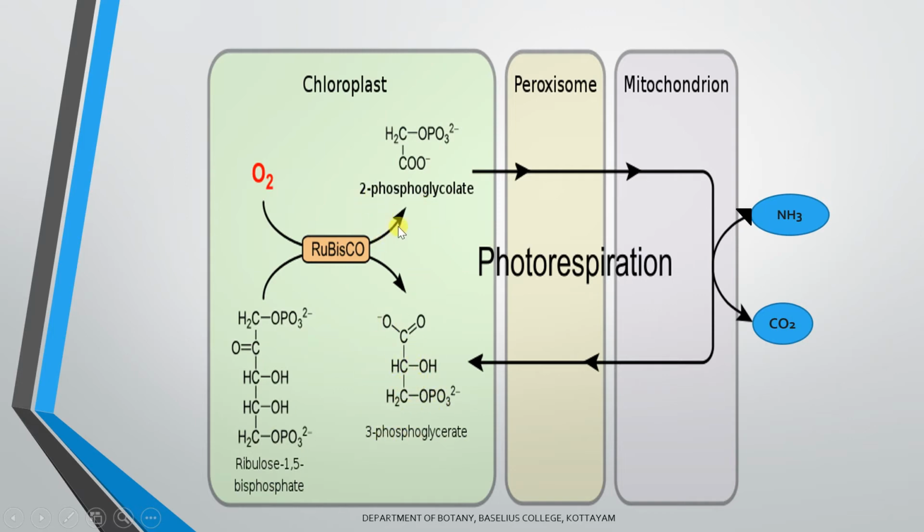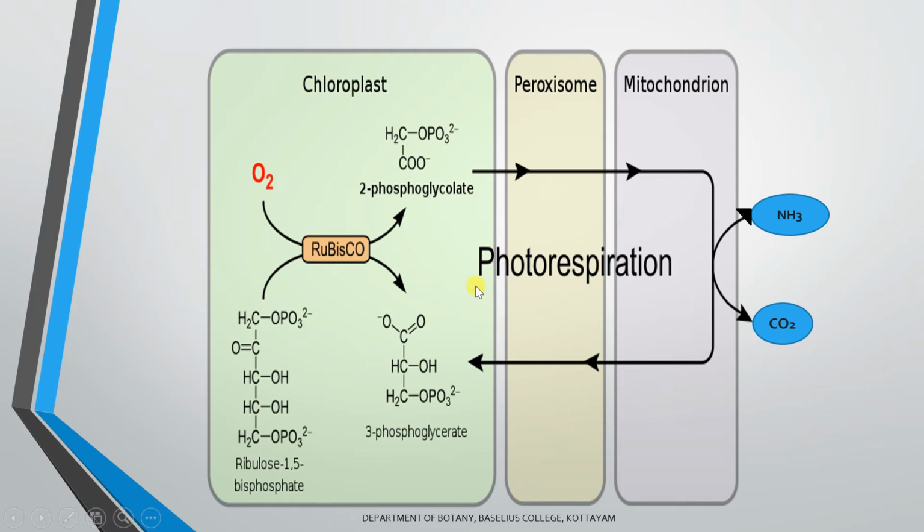But the 2-phosphoglycolate formed here starts a new cycle, and this newly starting cycle from 2-phosphoglycolate is termed as photorespiration or C2 cycle.